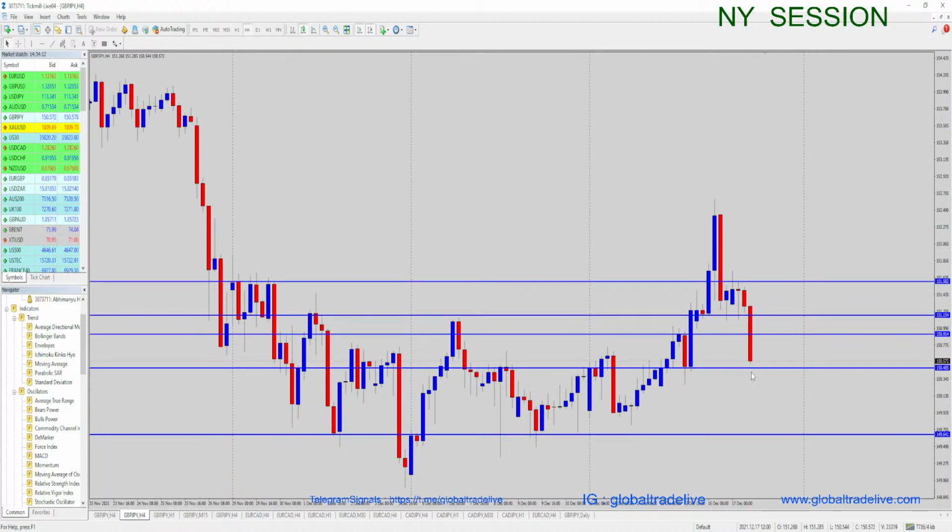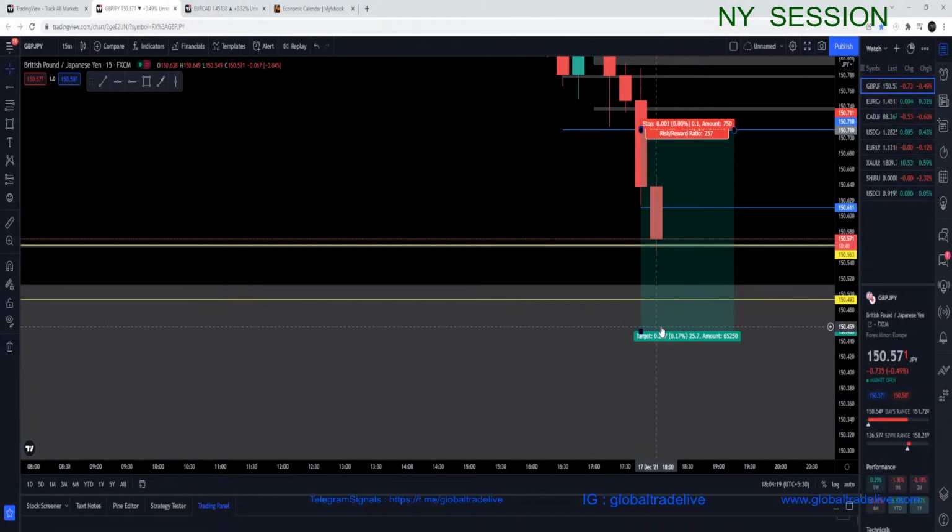Yeah, 4 hour candle should tap 150.485. 150.485.